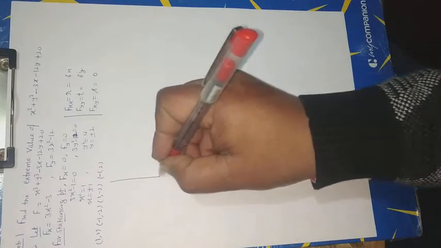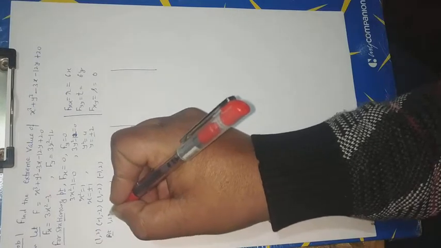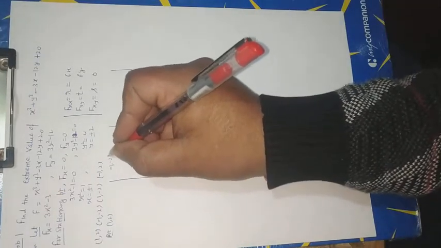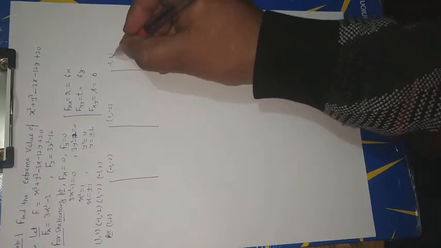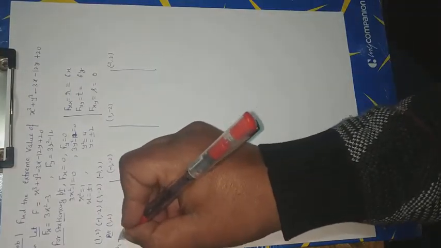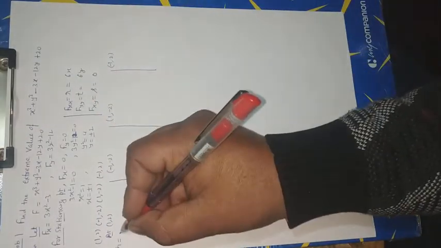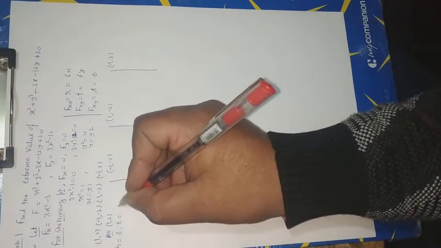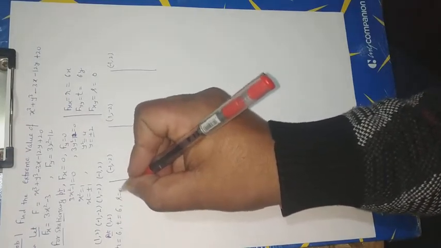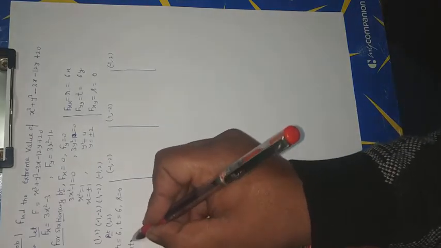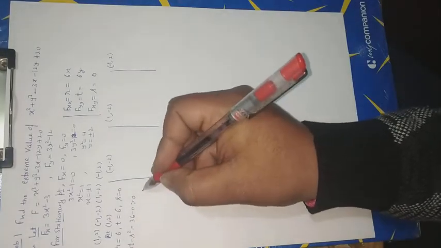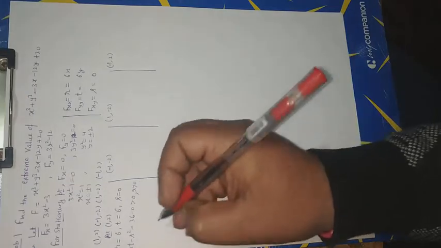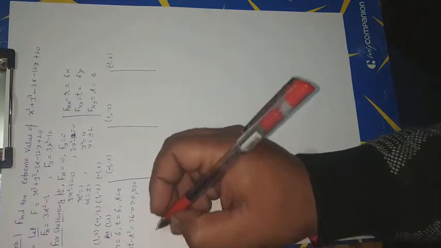Now at point (1, 2): r is equal to 6, t is equal to 6, s is equal to 0. Now rt minus s square is equal to 36 minus 0, and r is greater than 0. So f will be minimum.